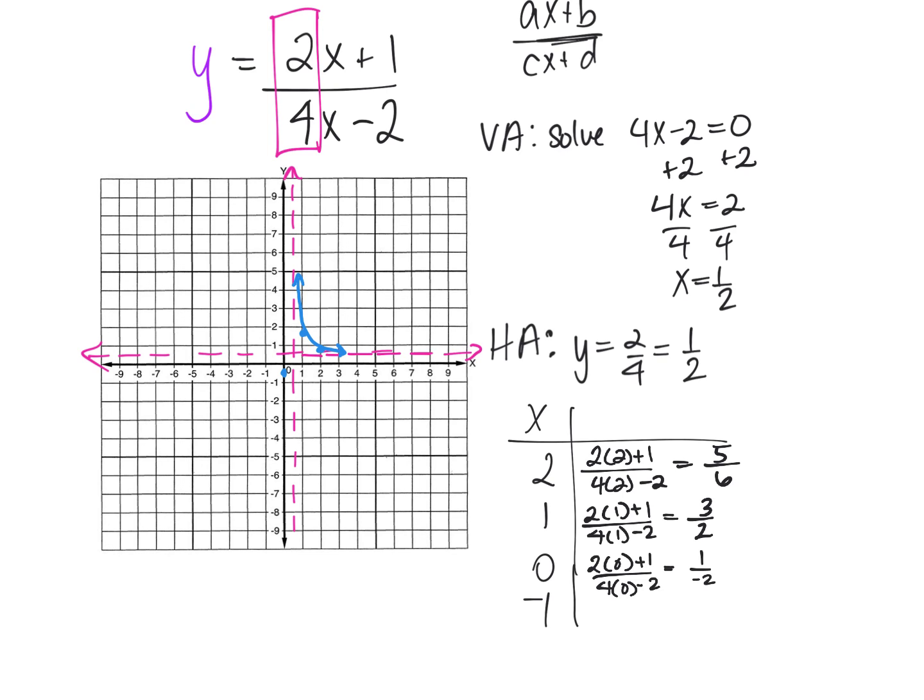And then when I plug in -1, 2 times -1 plus 1 over 4 times -1 minus 2 is negative. Right, -2 plus 1 is -1. -4 minus 2 is -6. -1 divided by -6 is a positive 1/6. So it's here.